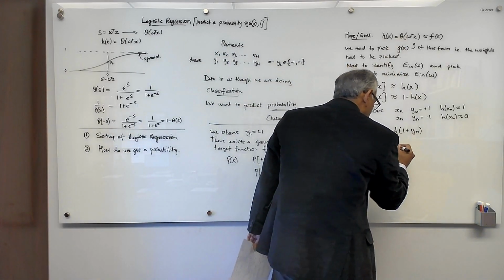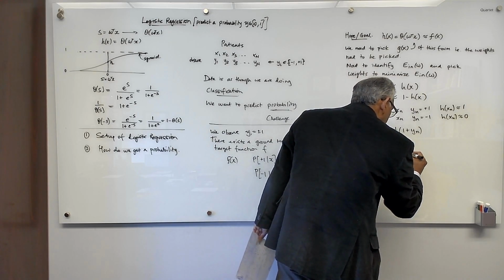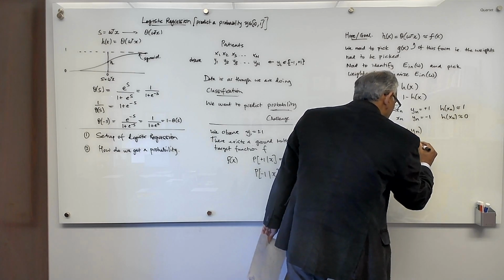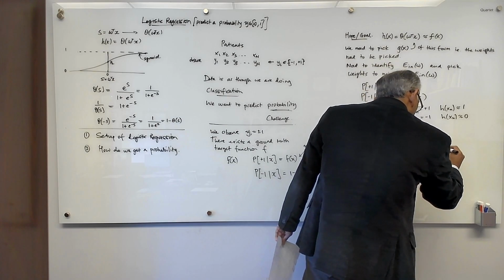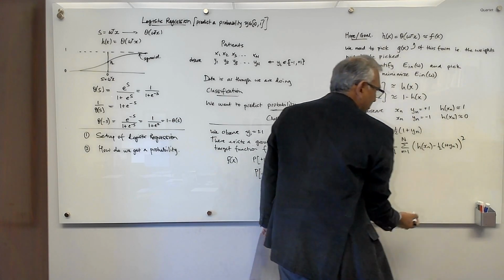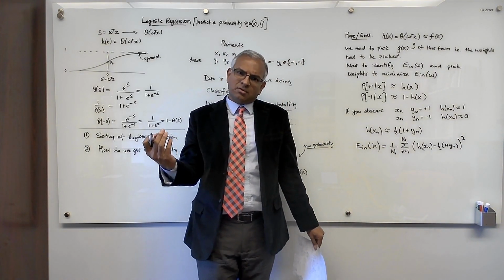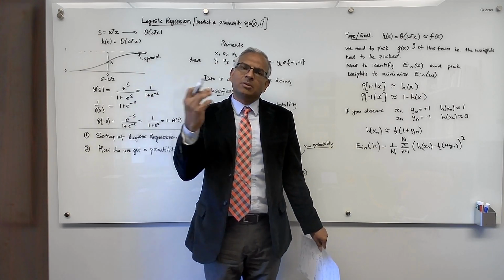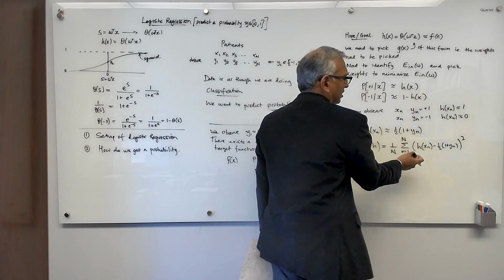E in of h is equal to 1 over N, the sum from little n equals 1 to big N of h of xn minus 1/2 times 1 plus yn, squared. Remember, in regression, you try to get h of xn to be approximately equal to yn. Here we don't want that.